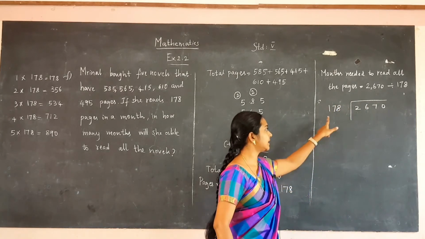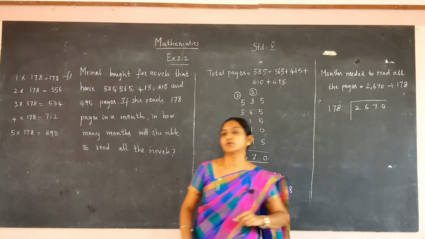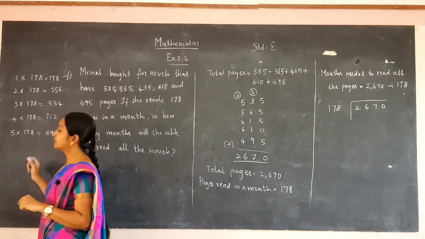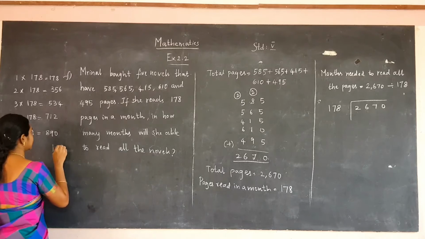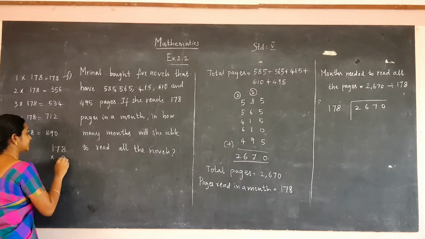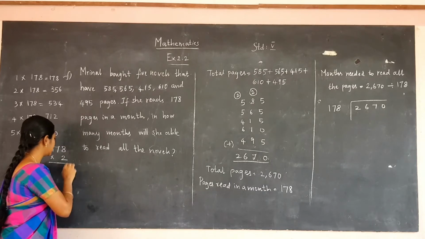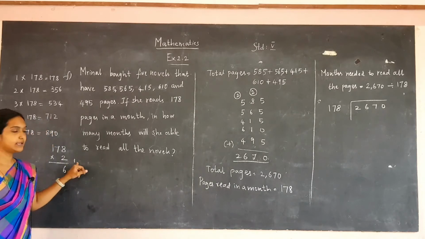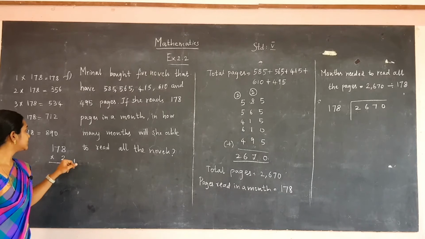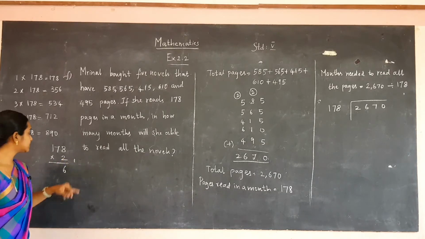We don't know the 178 table, isn't it? So we have to multiply 178 with 2. 8 into 2 will be 16. Put 6 here and keep 1 remaining. 7 into 2 will be 14. 14 plus 1 will be 15.